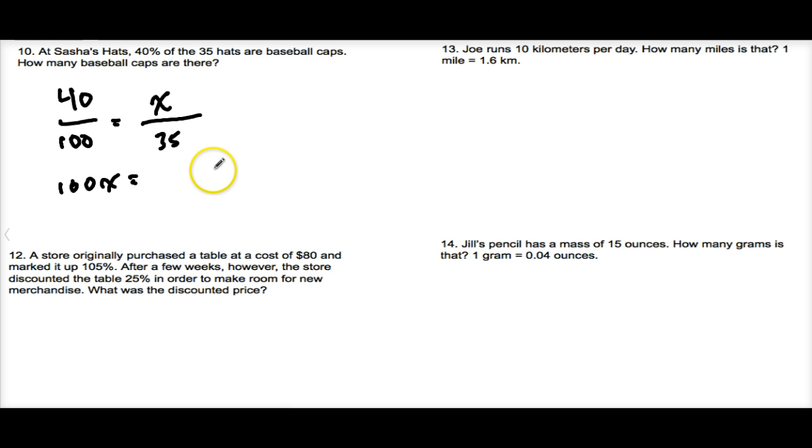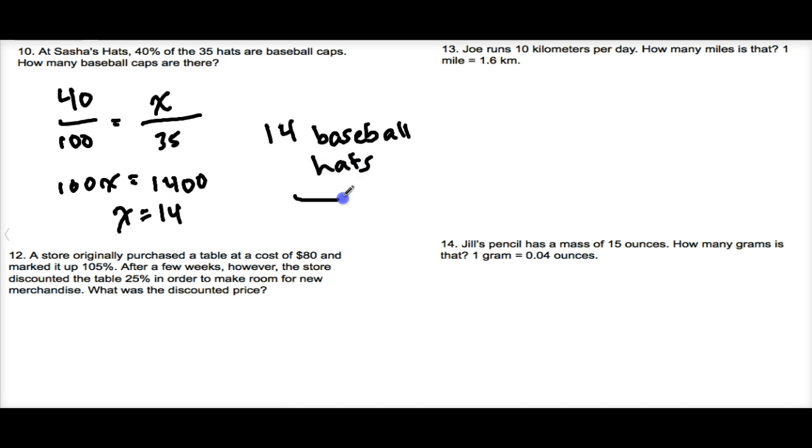And we get, let's see here, I'll use my calculator. So that's going to be 1400. So X is going to equal 14. So it'll be 14 baseball hats.